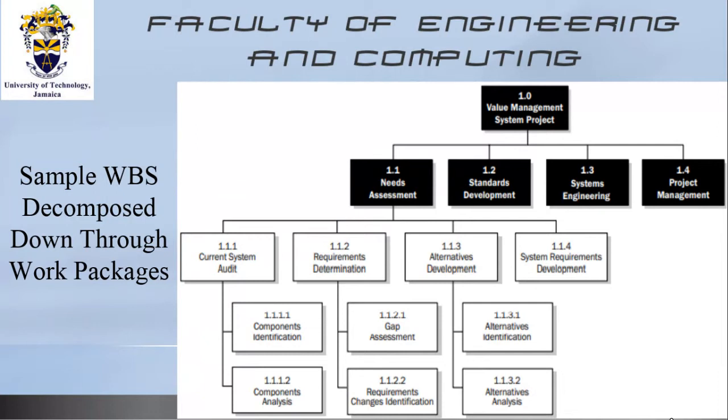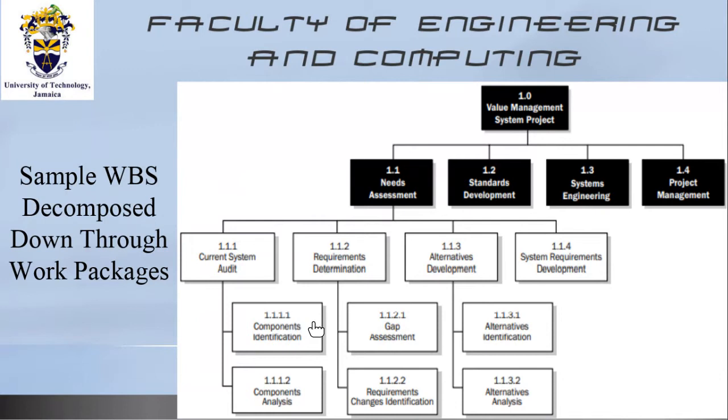Yeah, but that's exactly the question I just answered. I said the answer to your question is no, they would not be at the same level. Anything else that comes from component identification or component analysis would now be level 5. So they wouldn't have 4 digits here. For example, if we had 2 other elements leading from component identification, their numbers would be 1.1.1.1.1.